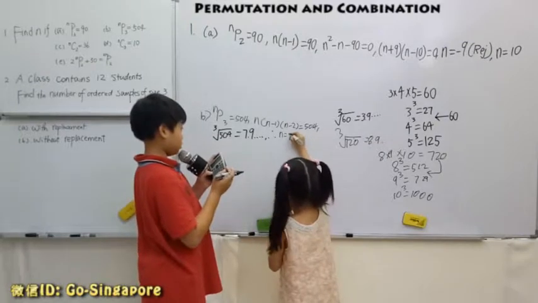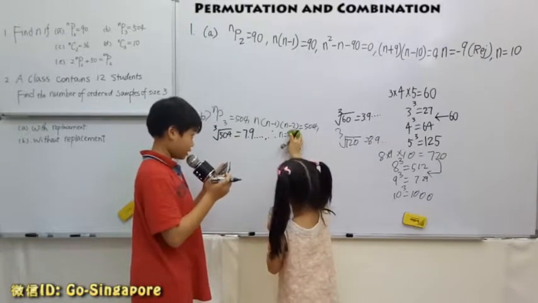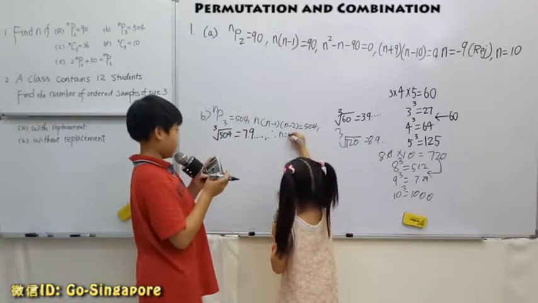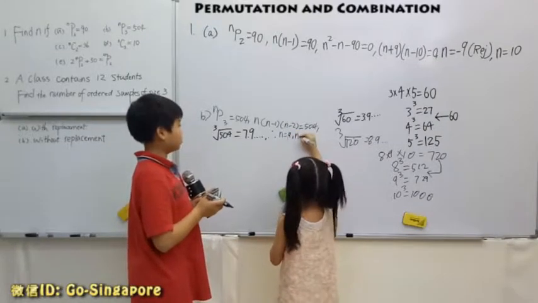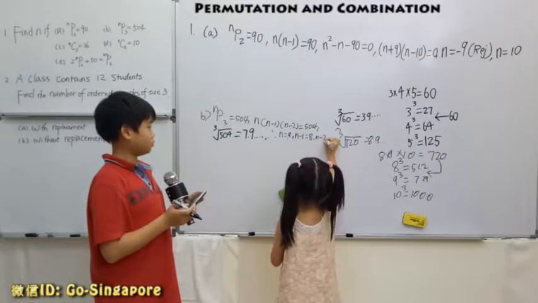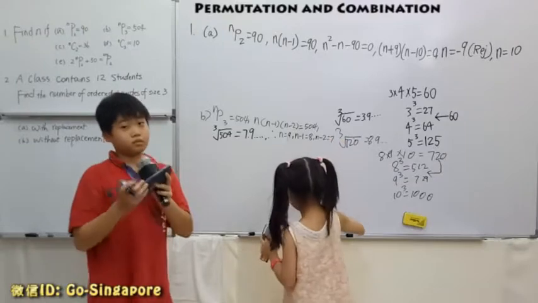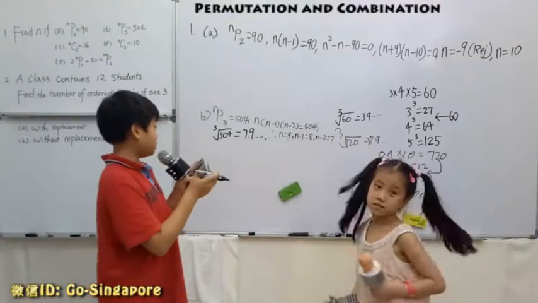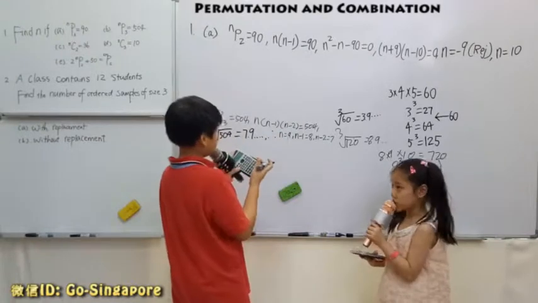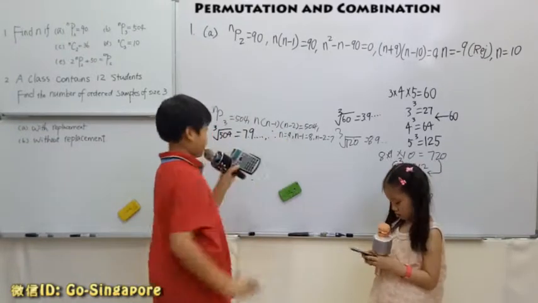So n is the largest number, right? Yes, so it will be 9. And n minus 1 will be 8. n minus 2 will be 7. Okay, yes. So like this, actually you only need to find the n, right? Yes. So for this, you found the n, right?